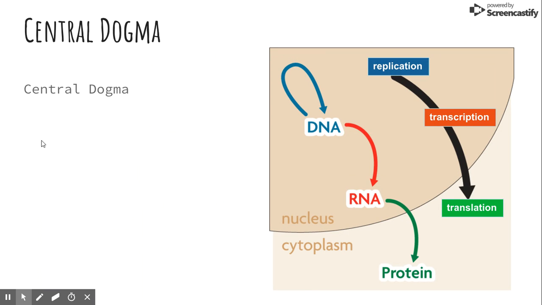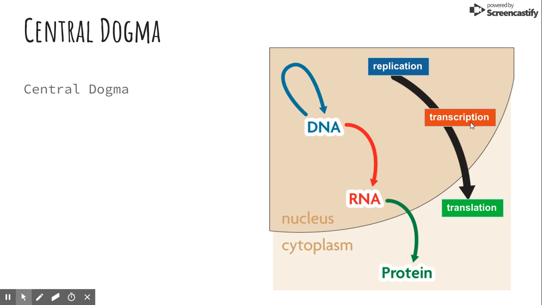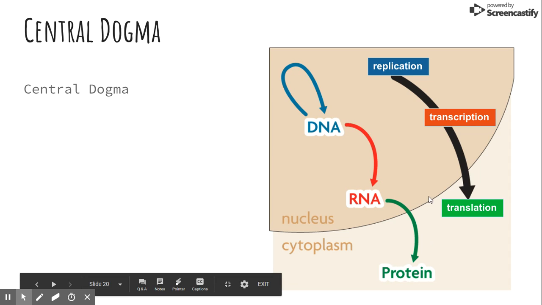So it's just a reminder about the central dogma, this idea of the flow of information. Remember, it flows from DNA to RNA to proteins. And when we're talking about taking DNA to RNA, that process is called transcription. When we're taking RNA to protein, that is a process called translation.